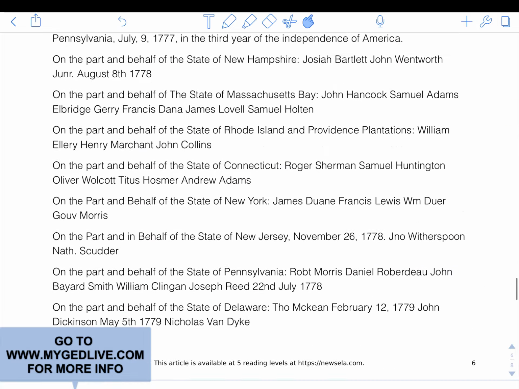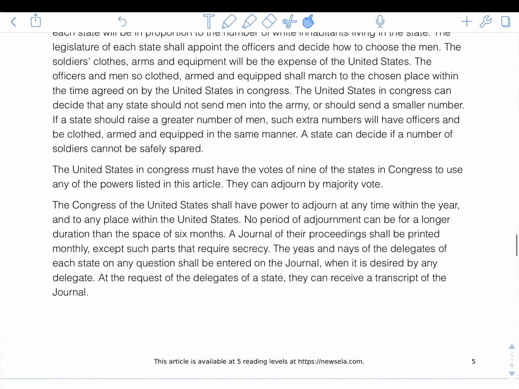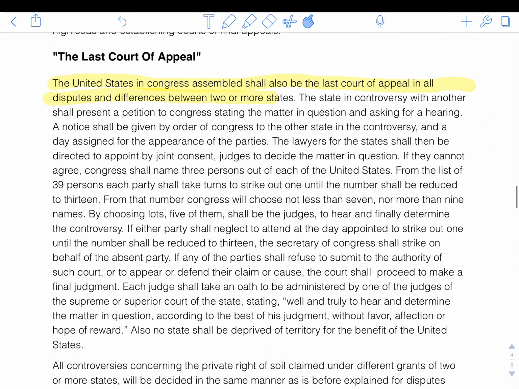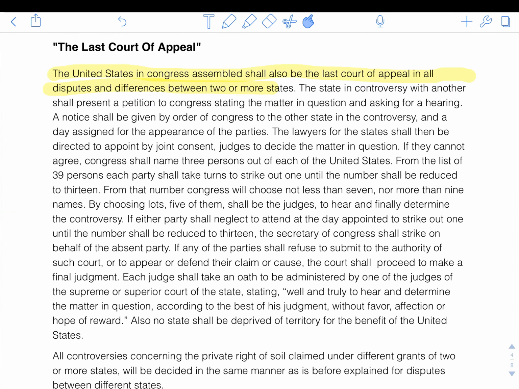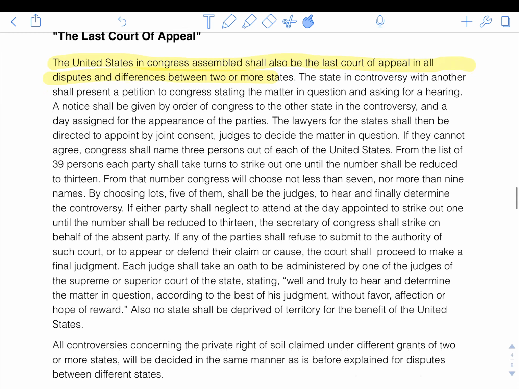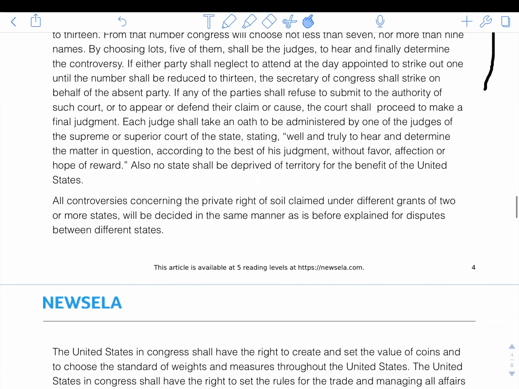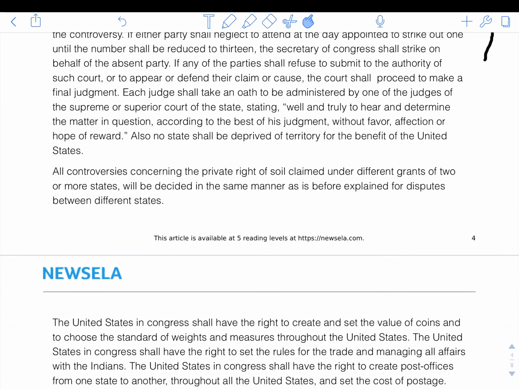And again, I'm just modeling for you. This is what you're doing on the test. You're just going back and forth. So we're going back to last court of appeal. So it says the state in controversy with another shall present a petition to Congress stating the matter in the question. If they cannot, so we hear about the Congress, and then we also, as we go down, we hear about the judges here, and so then we go down again.